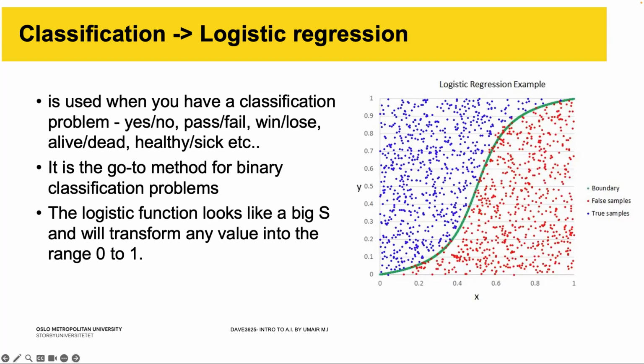So the model will try to classify the data sets based on the information. In this information, you have true and false samples, or you have blue or red color samples. And the model will work across all the data and find where it thinks there's a boundary line between the two and make a nice S around it.